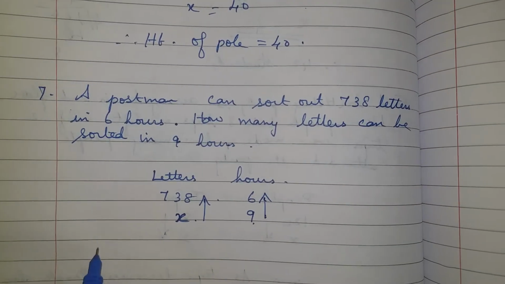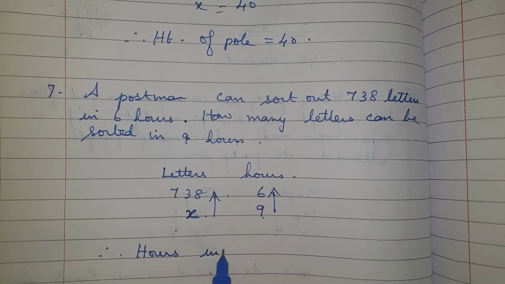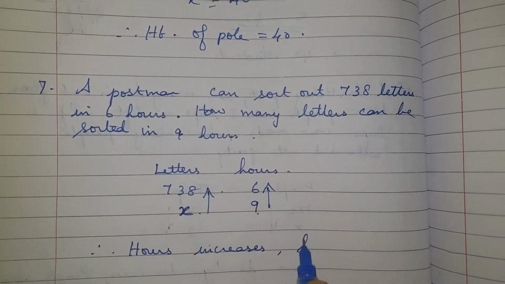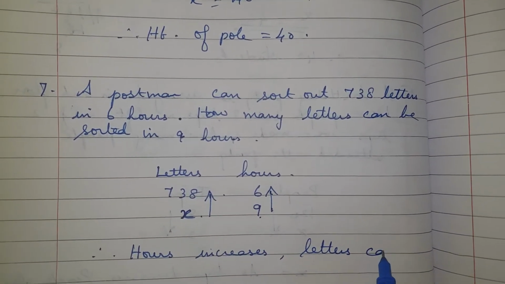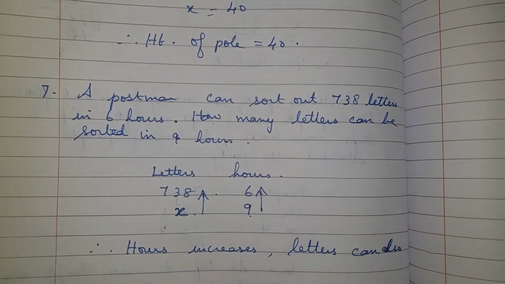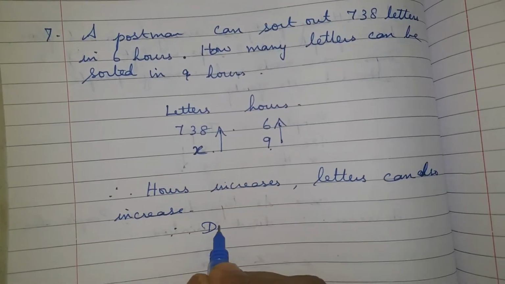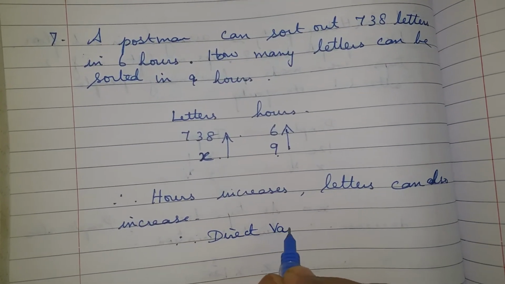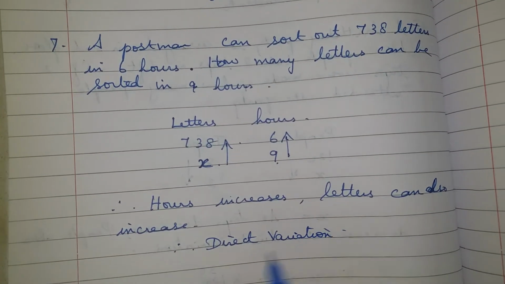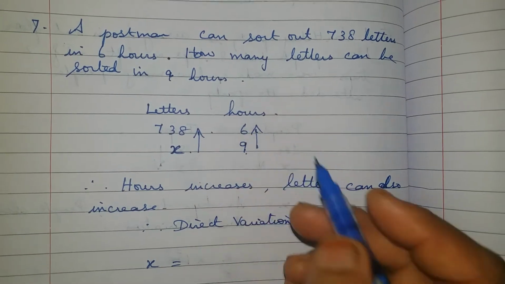increased. Therefore you write, therefore hours increases, letters can also increase. Therefore direct variation. So I told you direct variation means you can write this upside down, 9 divided by 6.